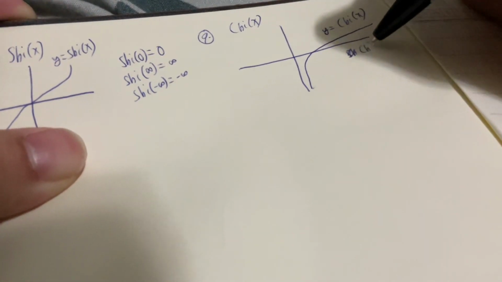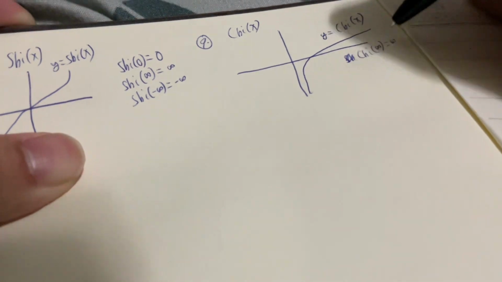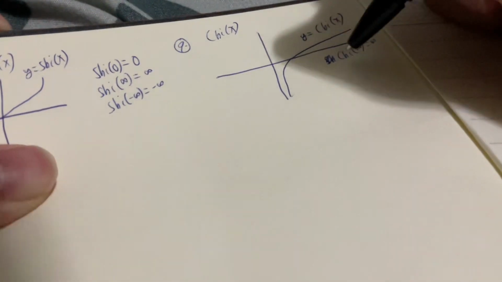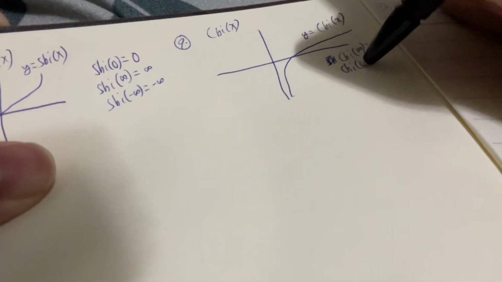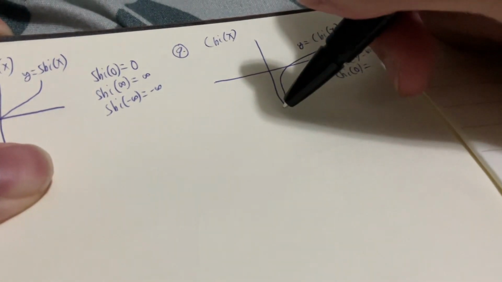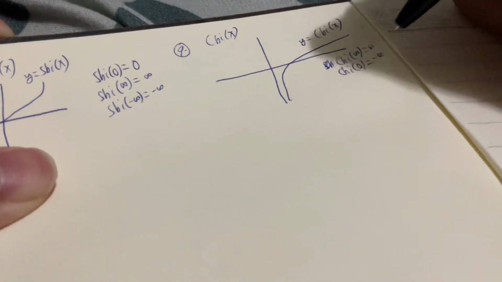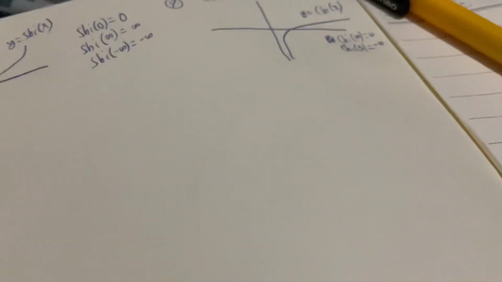Chi of infinity, you just get infinity. But Chi of 0 is approaching negative infinity.